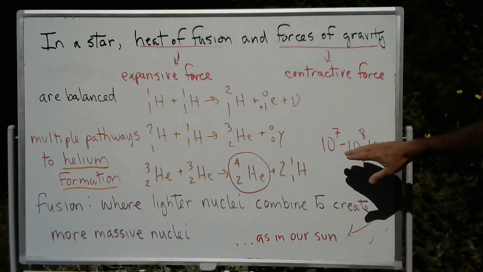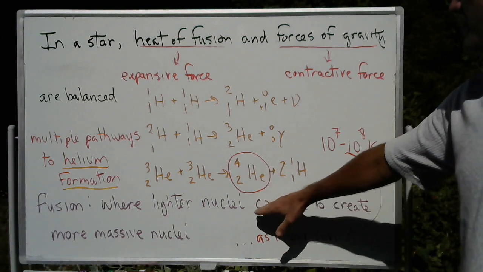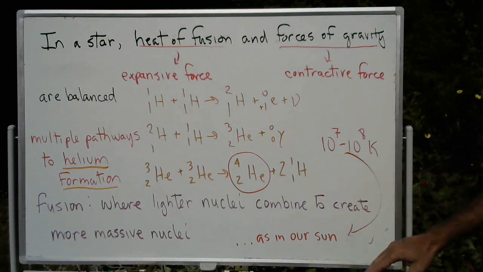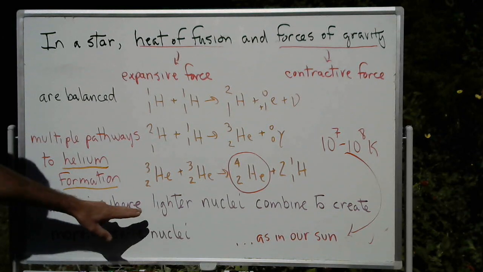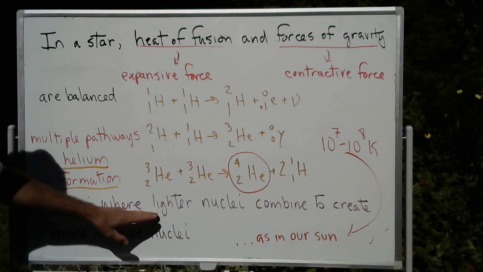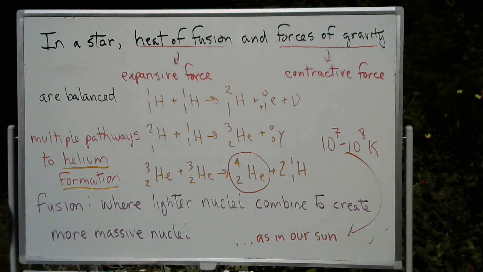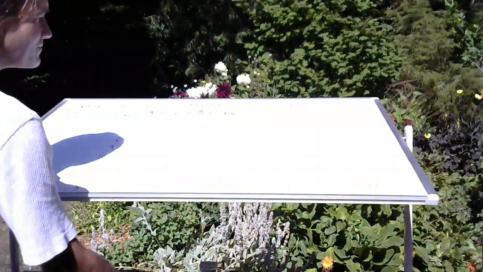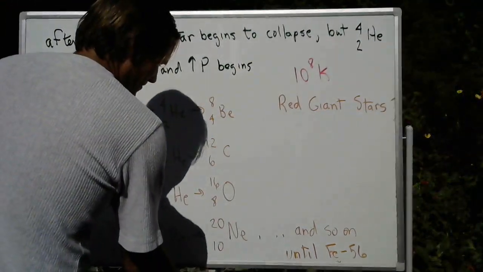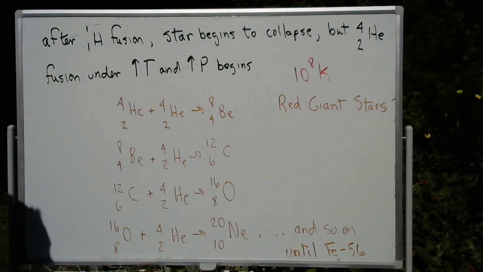And as we go along from here with the helium formation, think of fusion as the formation of having lighter nuclei combined to create more massive nuclei. And so that is where our star, our sun, is at.